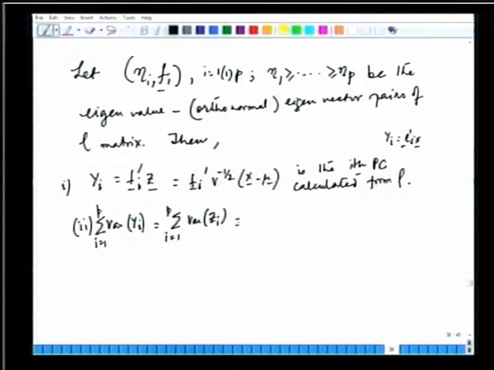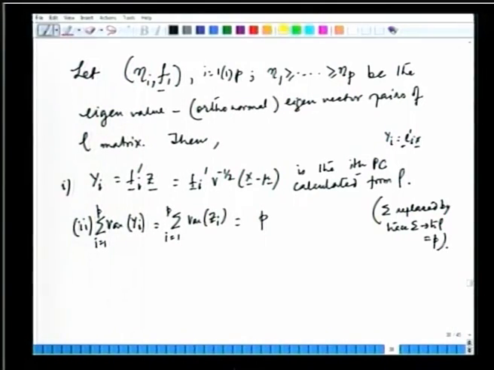And what is this matrix? Actually this is giving me the correlation coefficient matrix, and the diagonal elements are 1. So the sum of them is equal to p. Everywhere sigma is replaced by rho: instead of trace of sigma, now I have trace of rho, which is equal to p.